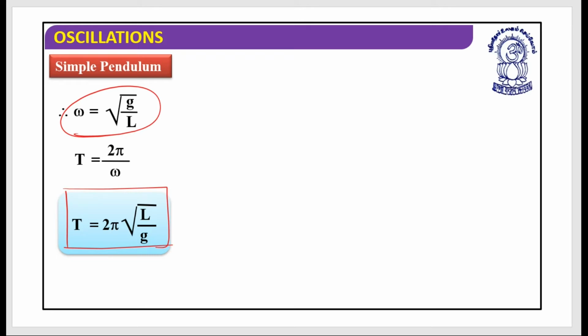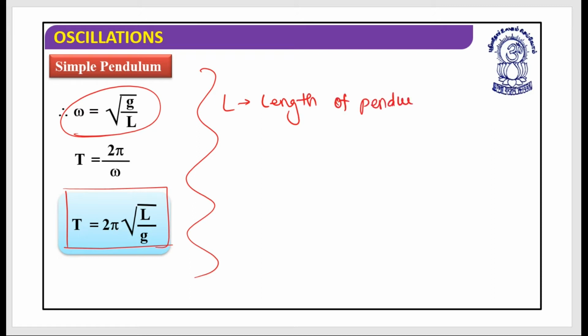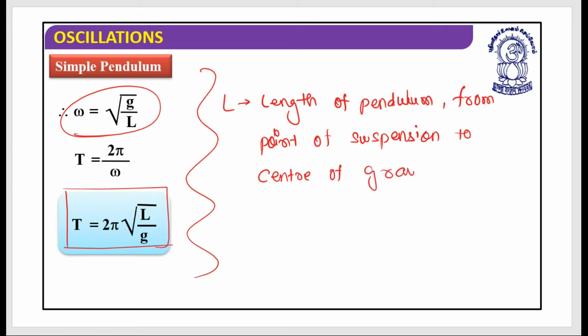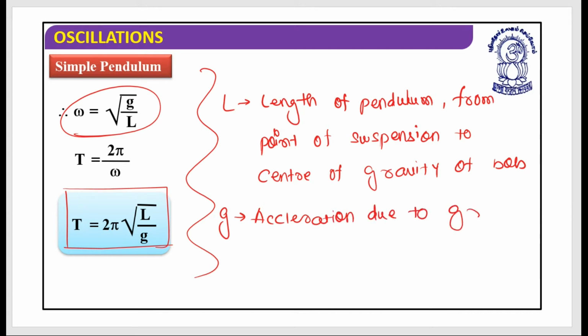When I say T equals 2 pi under root l by g, l is the length of the pendulum from the point of suspension to the center of gravity of the bob, while g is the acceleration due to gravity.